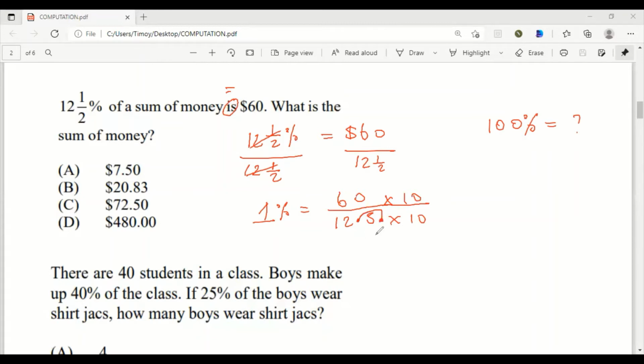So what we'll end up with now is the number 125 as a whole number. And the numerator will now end up being 600, because 60 times 10 is 600.